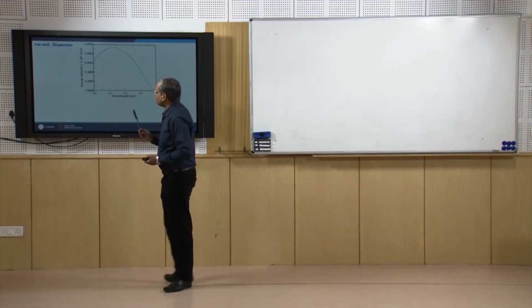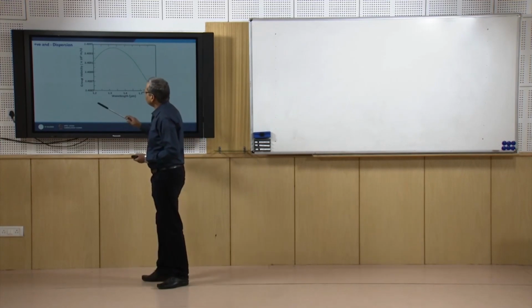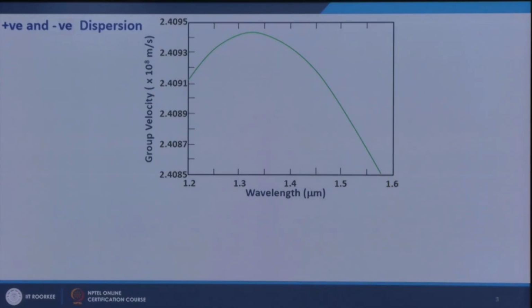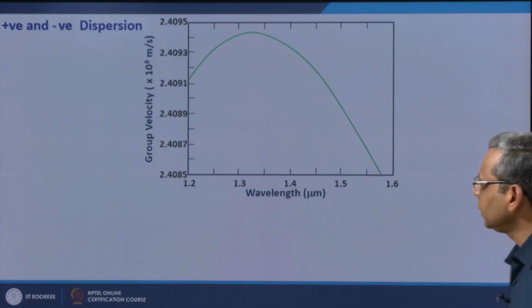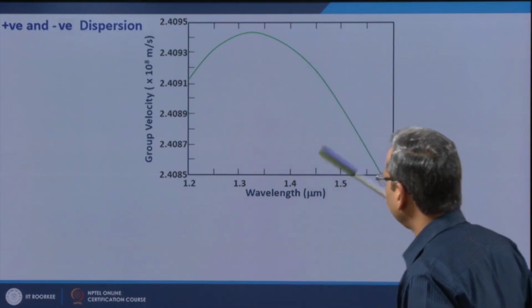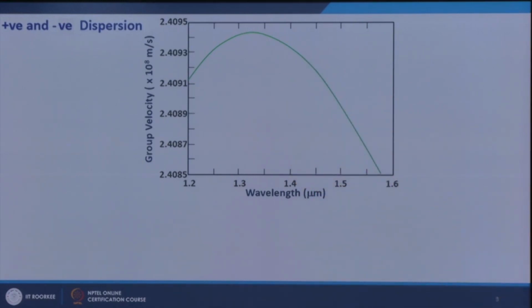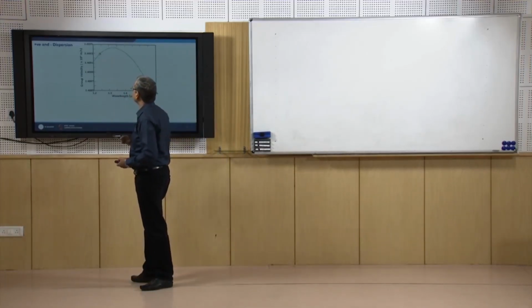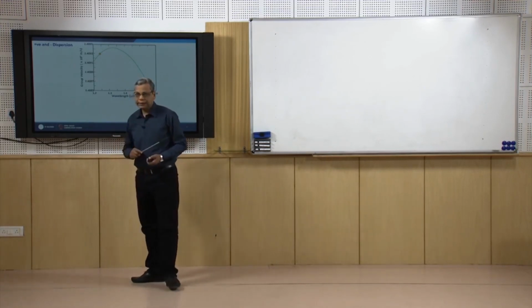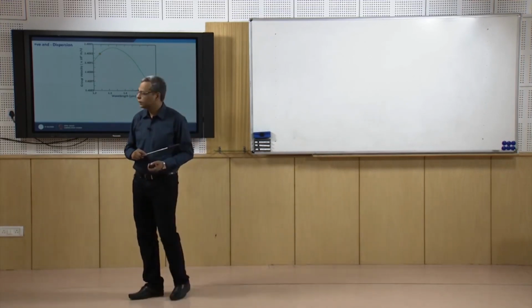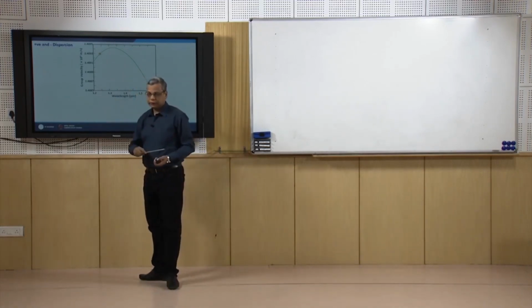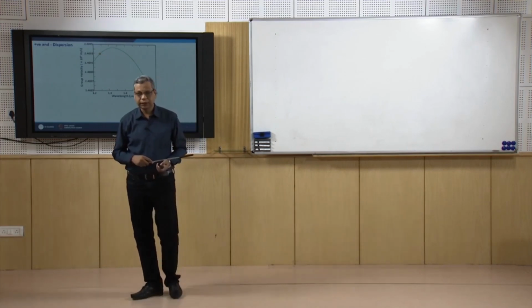If I plot group velocity as a function of wavelength for a typical silica glass fiber, step index fiber, then it goes like this. Now, let me pick up a point somewhere here, which is less than 1.3 micrometer wavelength. I have just seen that at this wavelength the dispersion is negative.